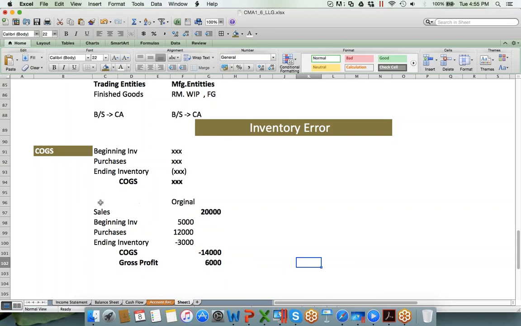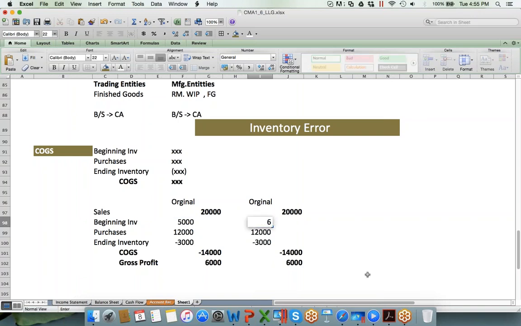Say for example, original data is this. Now there is an error. What happened here in the error? Beginning inventory was 5,000, but now it is overvalued at 6,000.